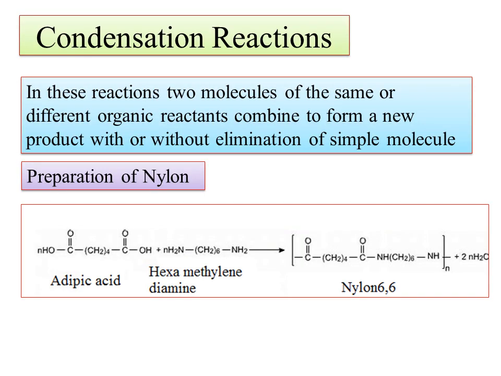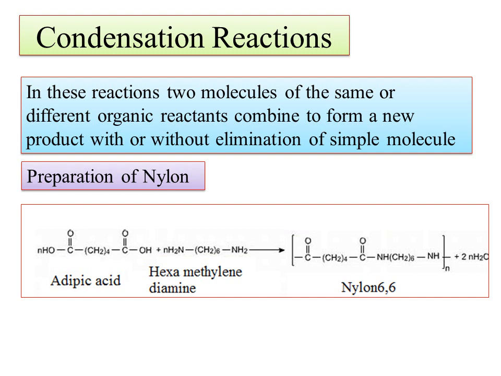The third type of reaction that we come across in organic chemistry is the condensation reaction. As the name indicates, they are going to condense. In this reaction, two molecules of the same or different organic reactants combine together to form a new product with the elimination of simple molecules. Nylon, the cloth that we use, is an example for condensation reaction.